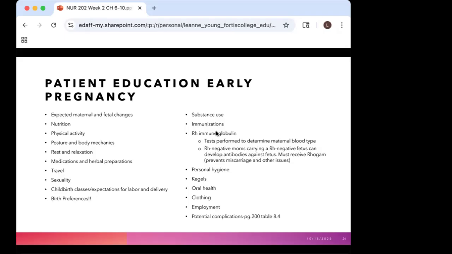Personal hygiene is a big one. Kegels and strengthening of the pelvic floor muscles. Encouraging moms too: these are some really good stretches that you can do before pregnancy to prepare your body for birth. These are exercises and activities you can still do. Activity restriction in general, right? That is something that is per the OBGYN's recommendation.